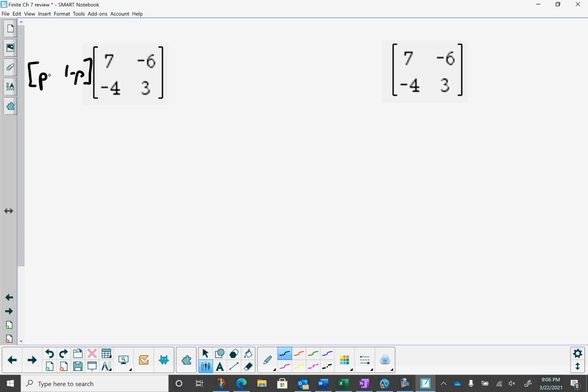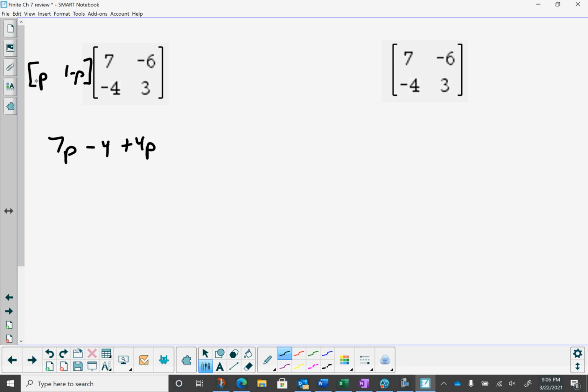So we'll have P times 7, that's 7P, plus 1 minus P times -4. So 1 times -4, we can just change that to -4. And -P times -4 is going to be plus 4P.